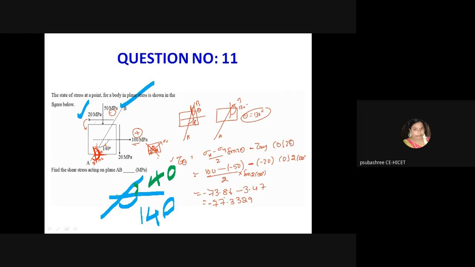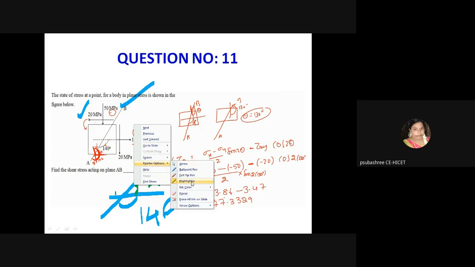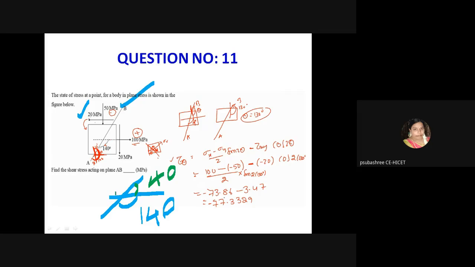Then here is 180, and this portion in the horizontal is 90.